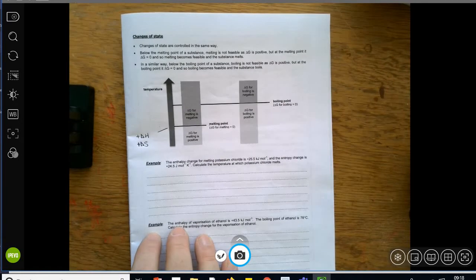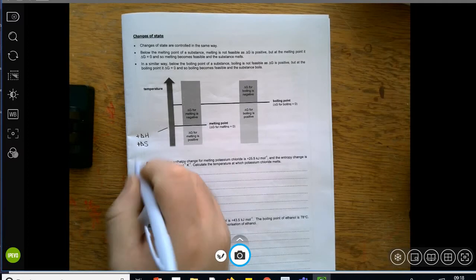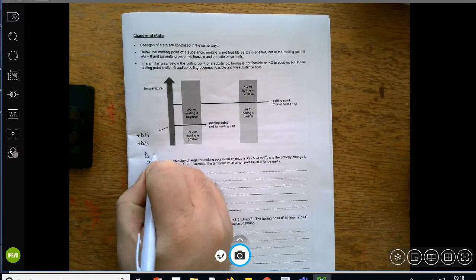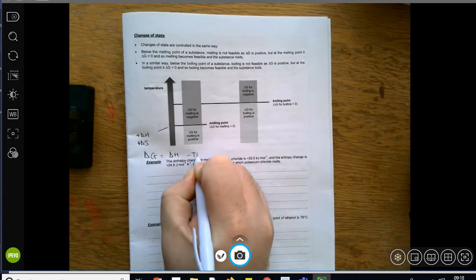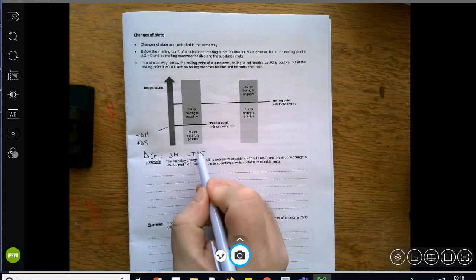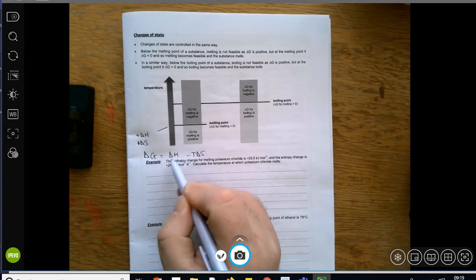As it turns into a liquid, the delta S will increase. So if we've got both of these positive, using delta G equal to delta H minus T delta S, if this is a positive value, we need quite a high temperature to overcome this positive value.